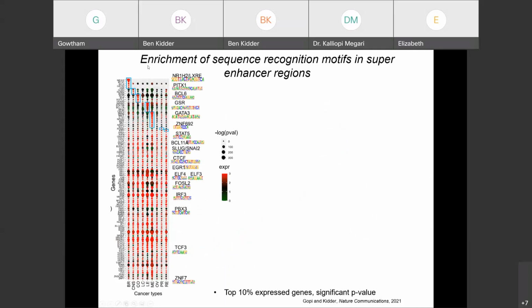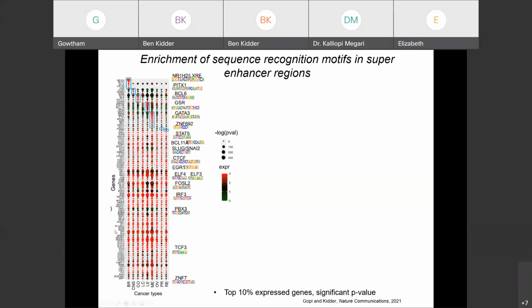So another interesting feature we found is there's enrichment of specific consensus binding motifs for transcription factors in these super enhancer regions. So what this graph is showing is these are transcription factor motifs that we identified in super enhancer regions across these 9 different cancer types.